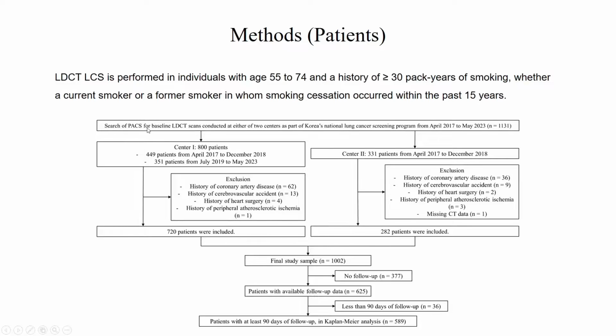We searched for baseline LDCT scans conducted at either of two centers as part of Korea's National Lung Cancer Screening Program from April 2017 to May 2023. Patients with a history of coronary artery disease, cerebrovascular accident, heart surgery, or peripheral atherosclerotic ischemia were excluded. The final study sample included 1,002 patients.